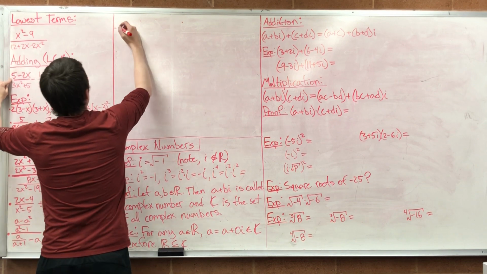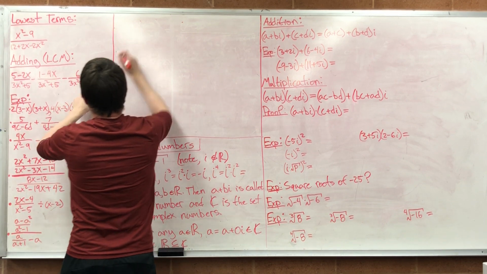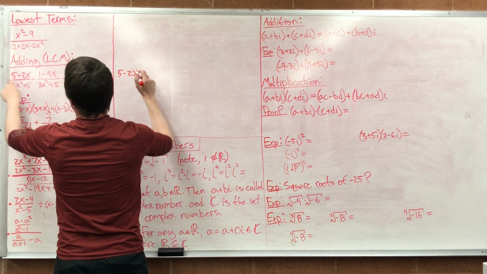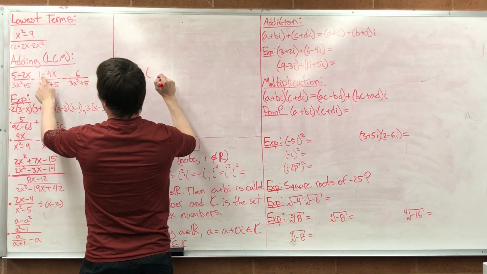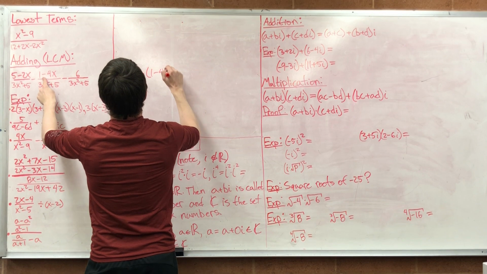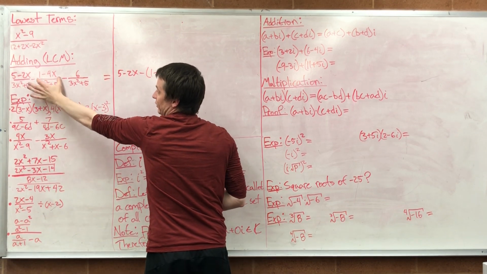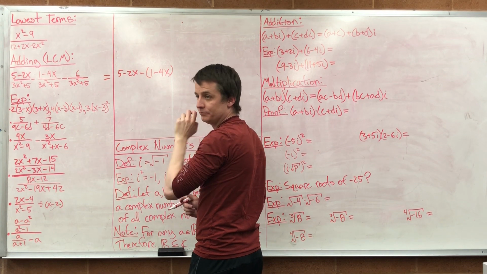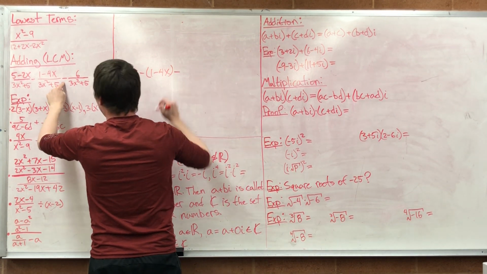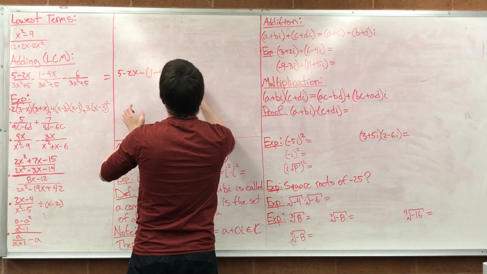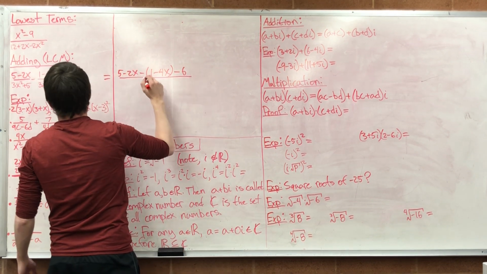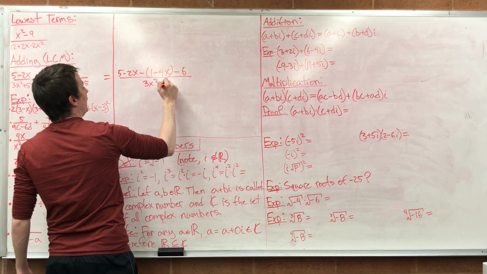If I were adding these 3 together, it's going to be equal to 5 minus 2x, minus 1 minus 4x. When you have a minus, it's always a good idea to write that term in parentheses so you remember to distribute the minus sign. Minus, in this case it's just a 6, but I will put parentheses if there's more than 6. All over whatever the denominator is, which is 3x squared plus 5.